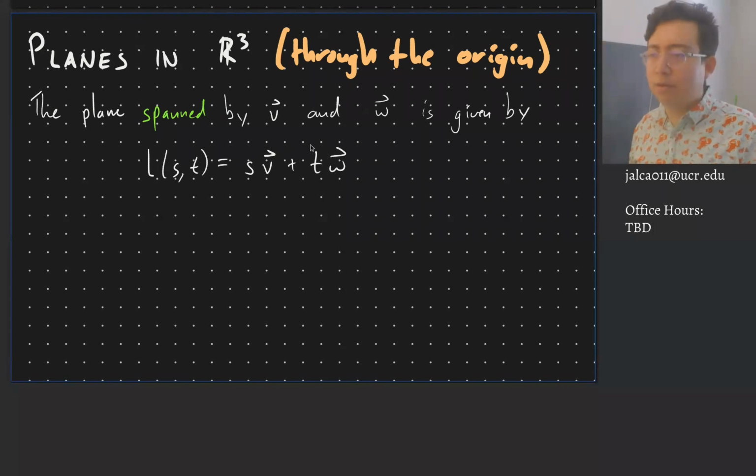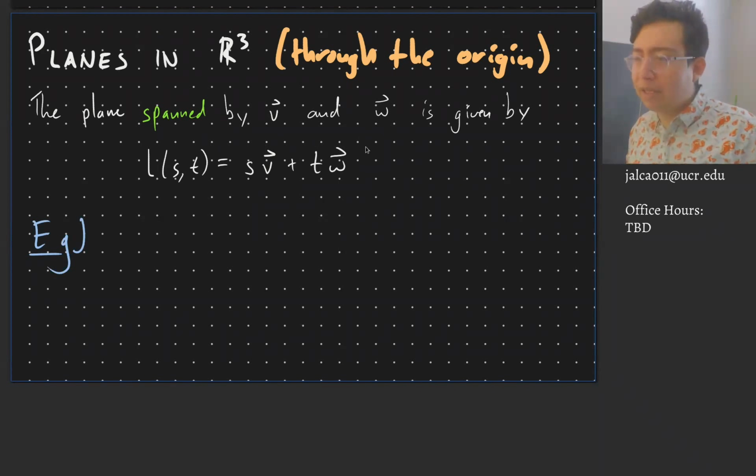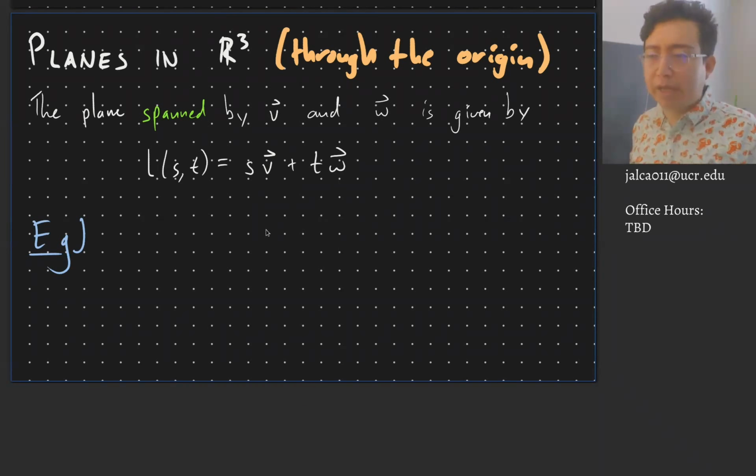So let me do a quick example here of the idea of a plane through the origin. At this point, it's just a matter of plugging into the formula.